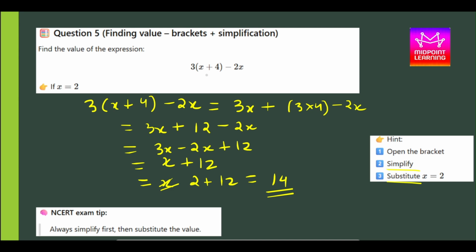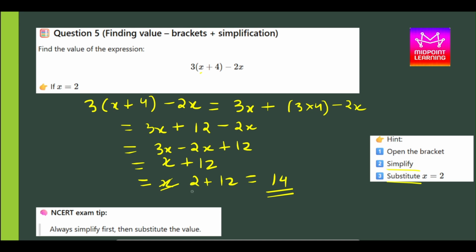So now imagine if we had kept the value of x as 2 here, don't you think that more calculations would have been required? If it is 2, then the calculations are still easy. But just imagine if the value of x is not 2, if it would have been a bigger number, calculations would have become complicated.